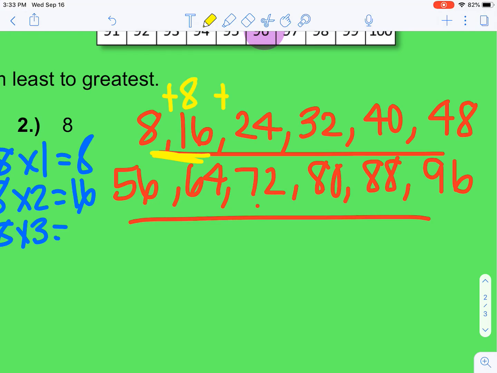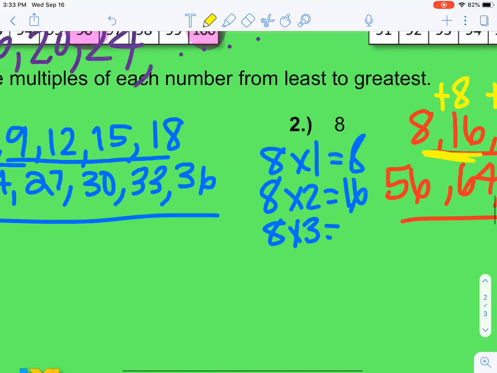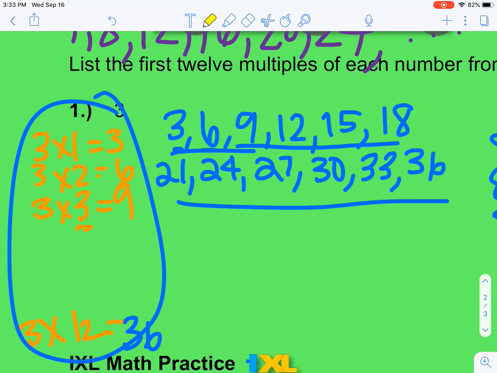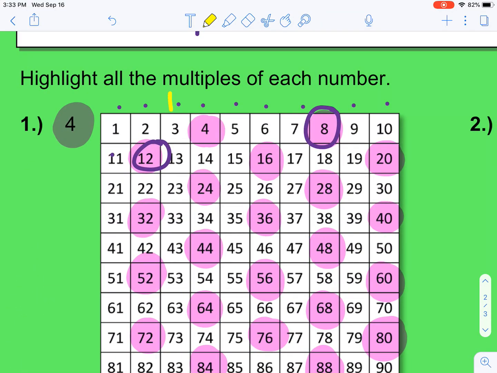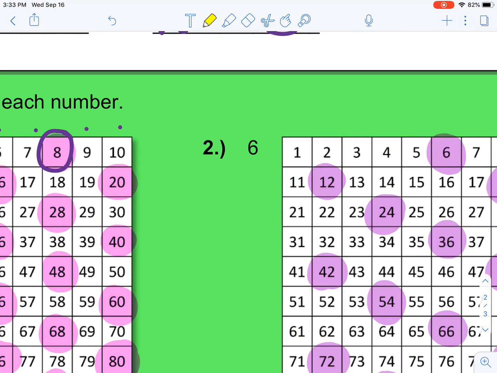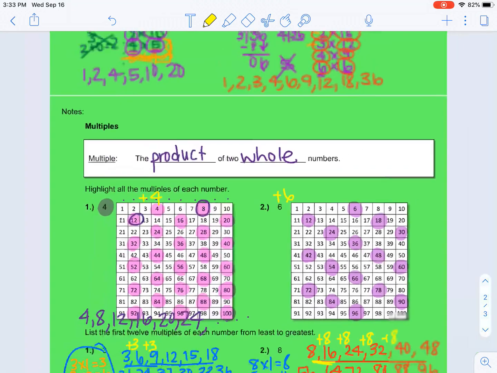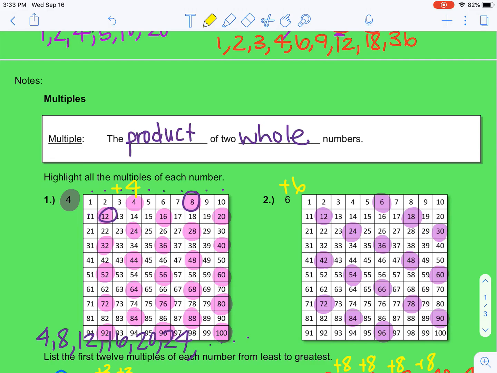From 16 to 24, I also added 8. 24 to 32, I added 8, and so on. If I look at my first one, each time I was adding 3. And then if I even went up here, each time I was adding 4. And number 2, each time I was adding 6. So multiples are just adding 6 or adding whatever number it is each time.